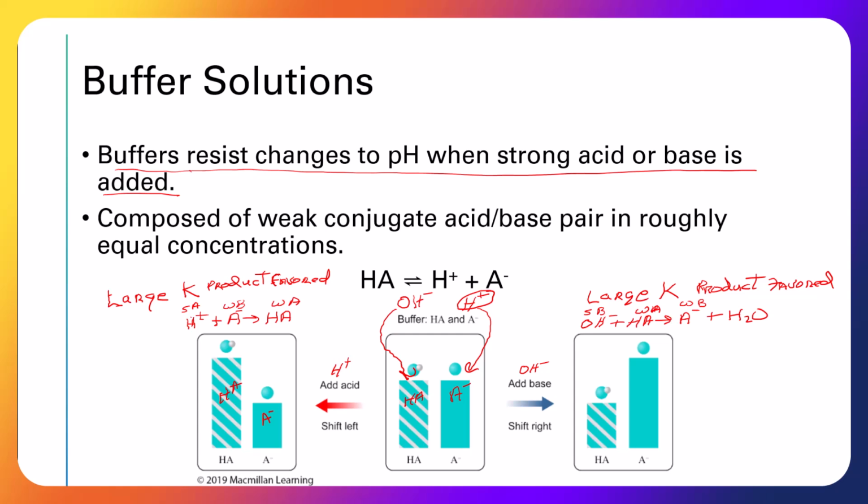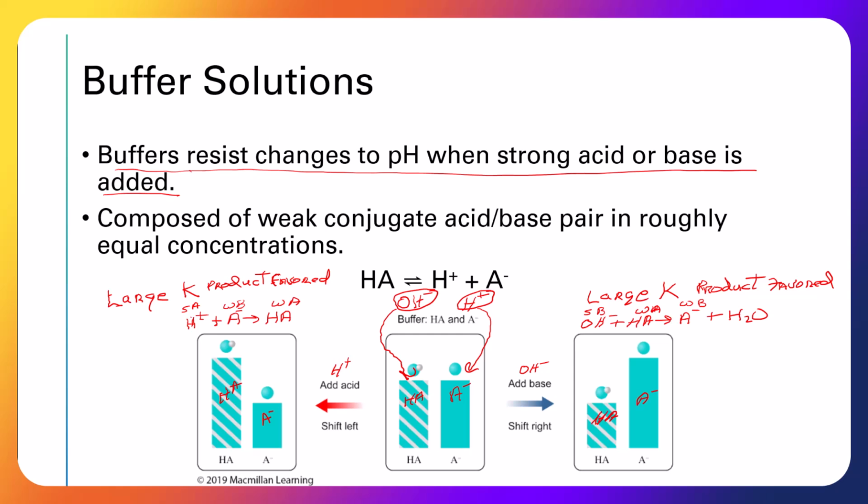On the other hand, if we add, let's say, some strong base to our good buffer system, bases react with acids. And so the hydroxide is going to react with the weak acid, and it's going to drive the reaction to the right. It's going to deplete the concentration of the weak acid, and it's going to make more of the conjugate weak base.